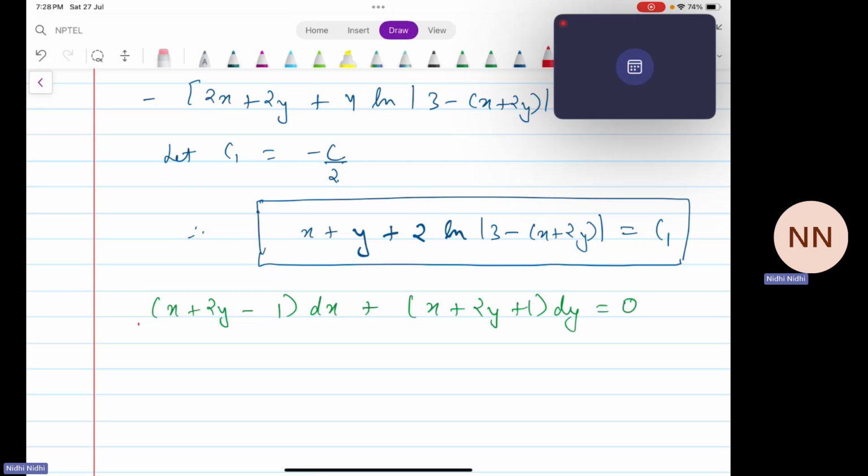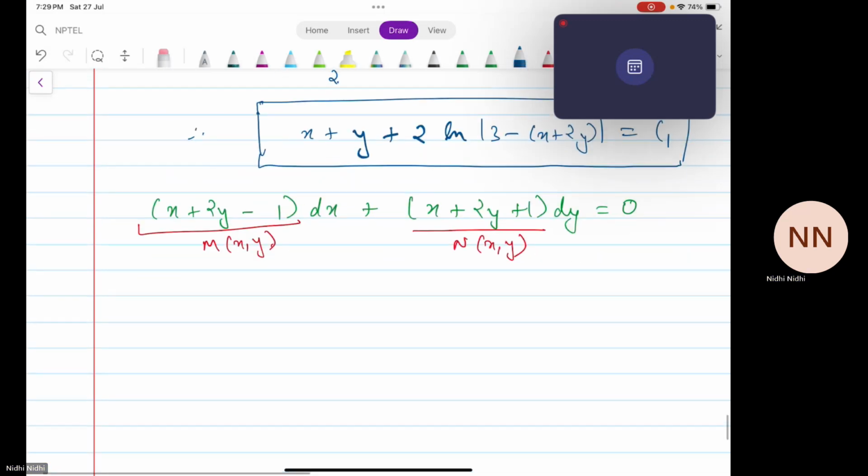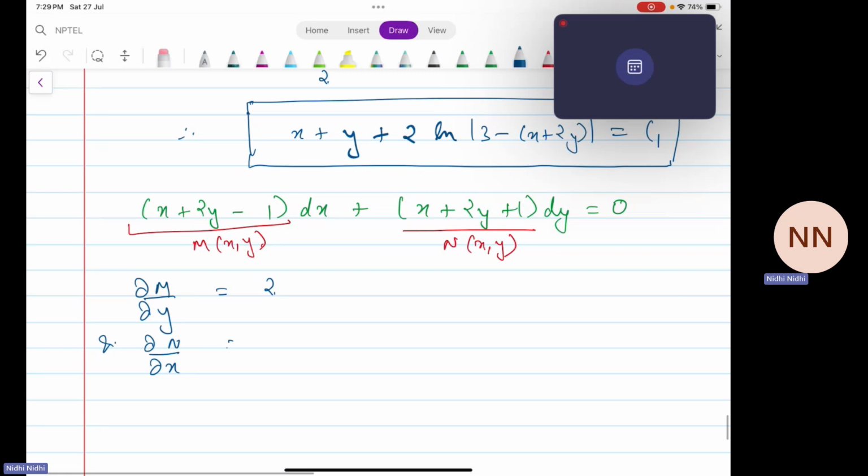Now if we take this to be some function M of x and y, this to be some function N of x and y, we have del M by del y is equal to 2, and del N by del x, oh, this is not exact. So no, we cannot use the method of exact equations.